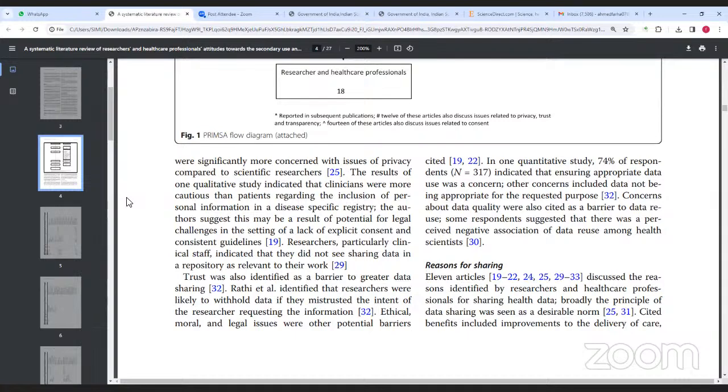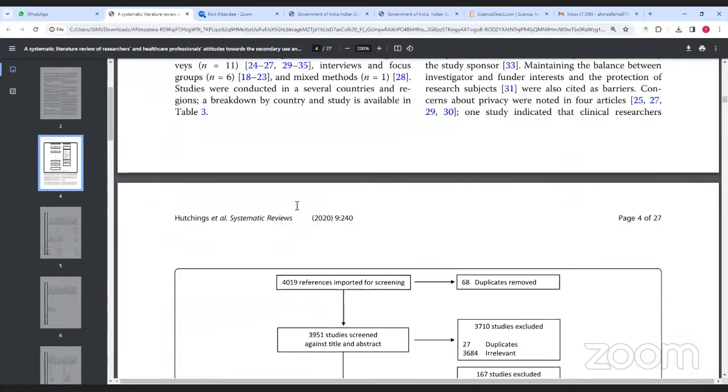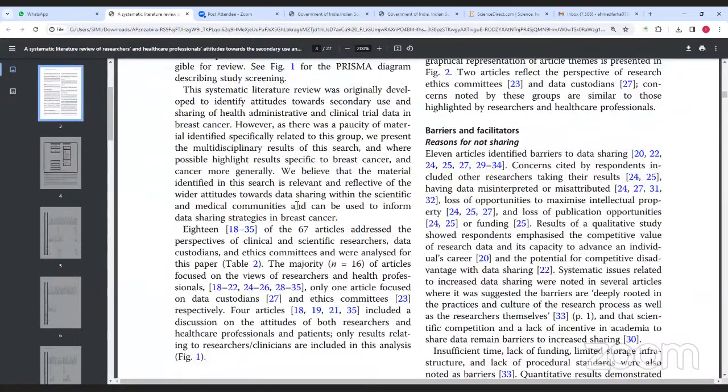Okay, stop. So here we can find out what the barriers are, number one, and number two, the reasons for barriers related to data sharing. So that was the objective of this study, and this is the result of the study. 4 sub-themes were identified.